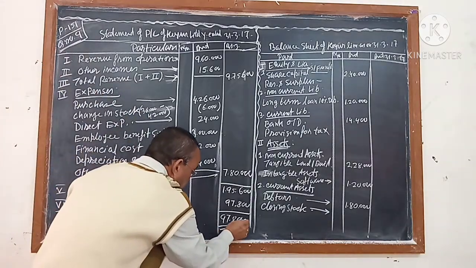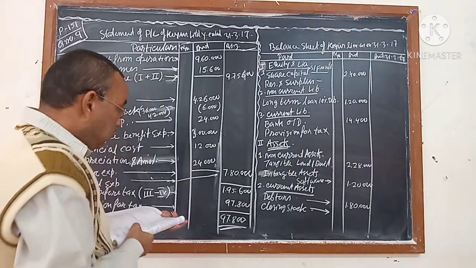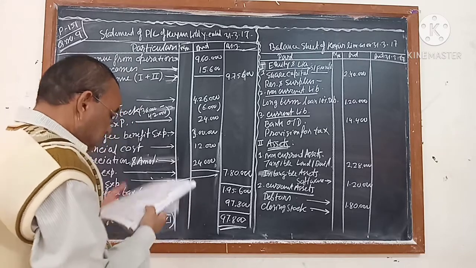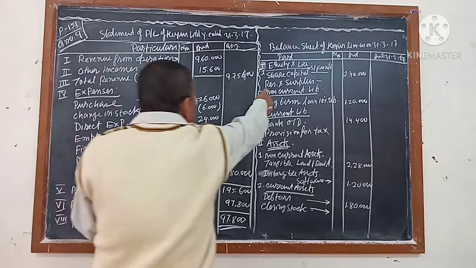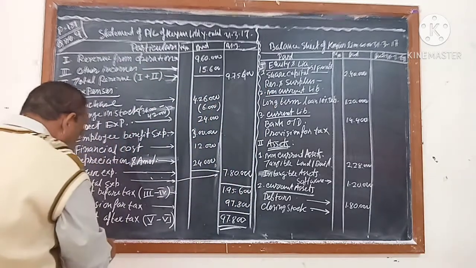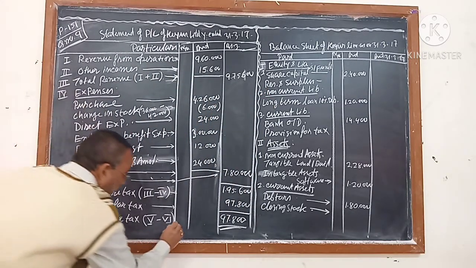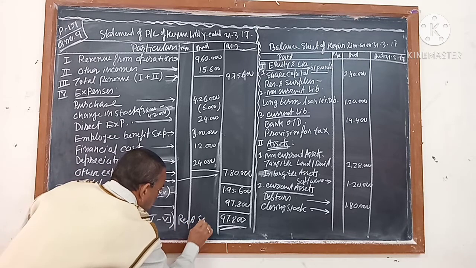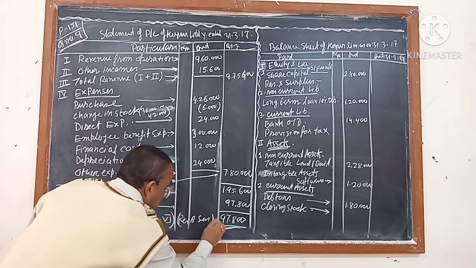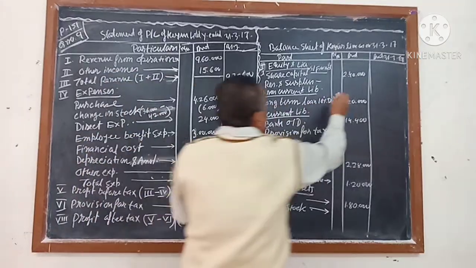Now I have told you there are a few things where you have to write in two places. Here you see 2,40,000 plus reserve and surplus. This is called the profit which is coming. This is one type of reserve and surplus. Reserve and surplus 97,800 will come here.